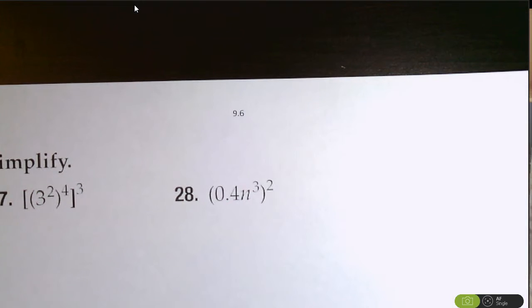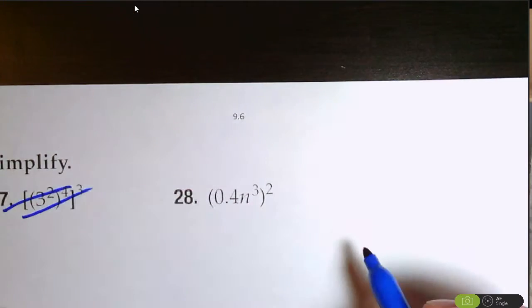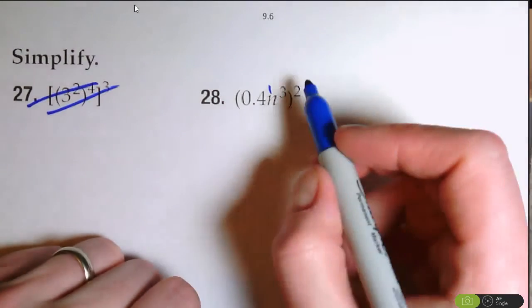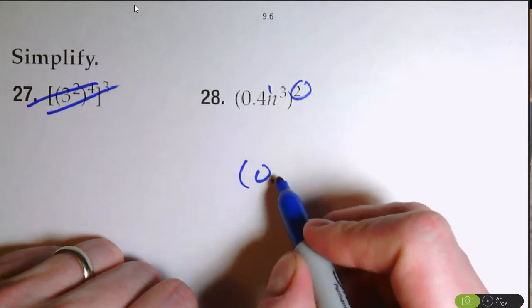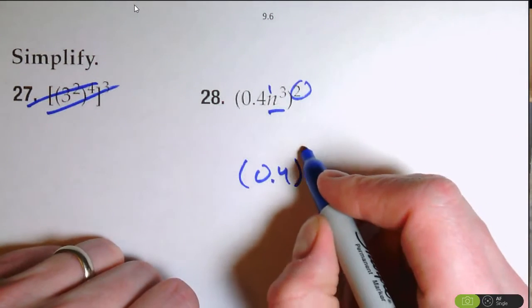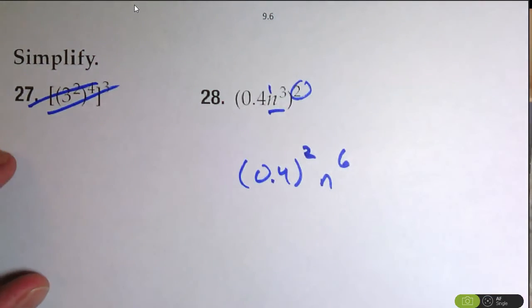Okay, next one from 9.6. 28 says simplify, which means I need to actually multiply this all out. So this is right now 0.4 to the first, but it's going to happen twice. So that's 0.4 squared. And this is n cubed, but it's going to happen twice. So if I had 3 n's that happen twice, I really have 6 n's.